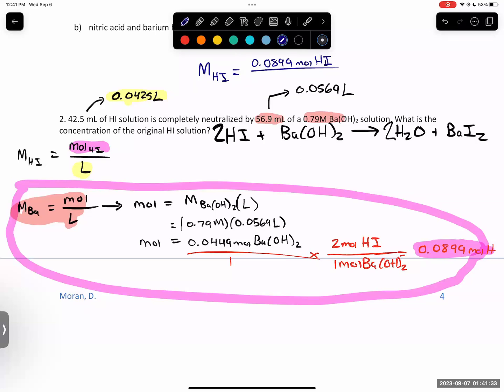Okay, so just the original solution was 0.0425 liters, and we get 2.1. This is the molarity of the HI.